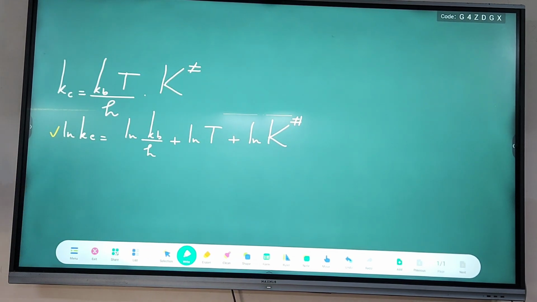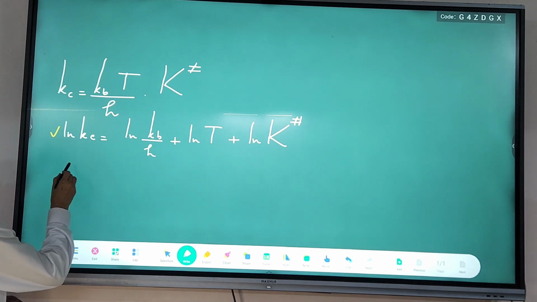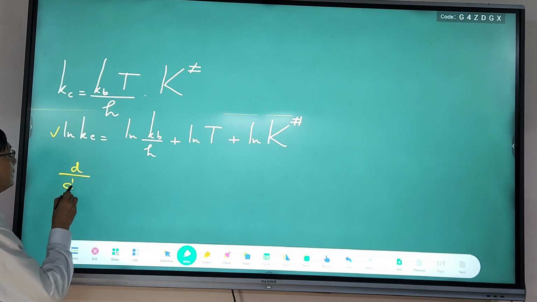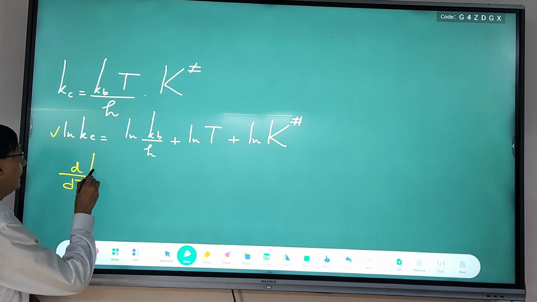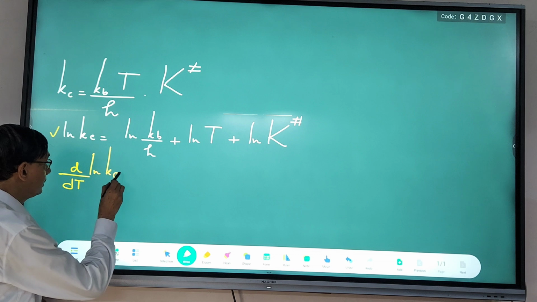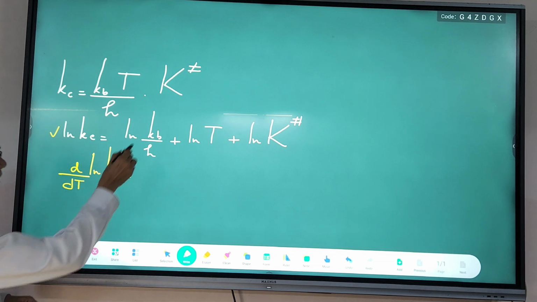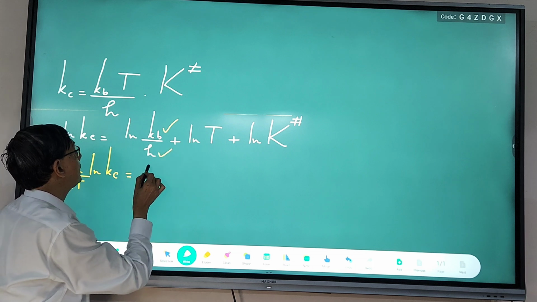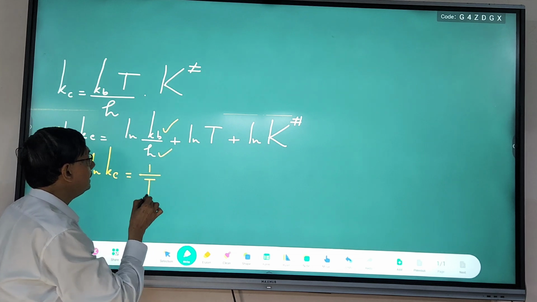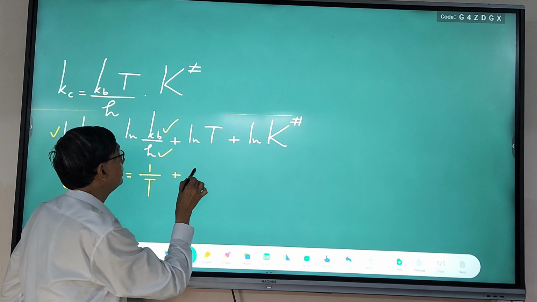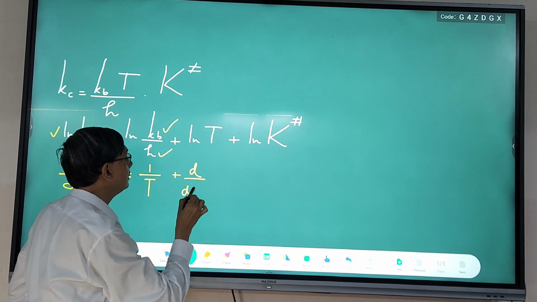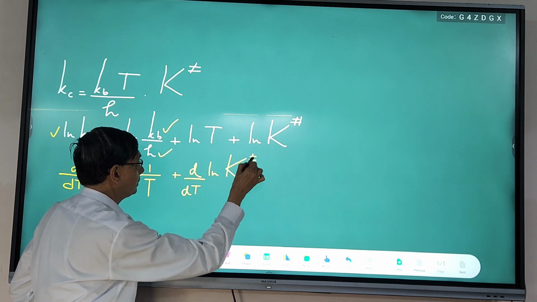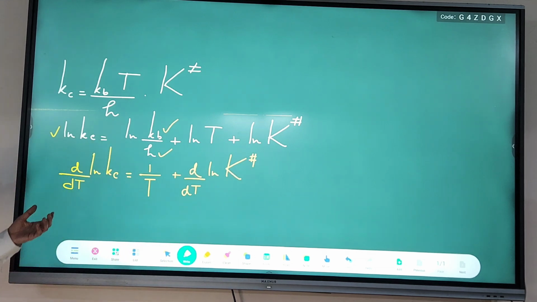So if I take the derivative in differential form, I can write the natural log of Kc. Because the Boltzmann constant and the Planck constant are constants, I can simply write 1 by T. You are all aware of these things.